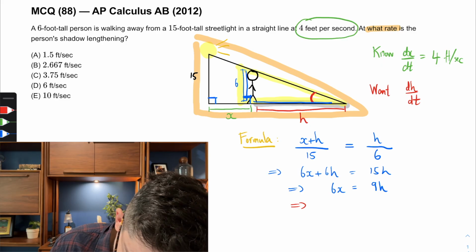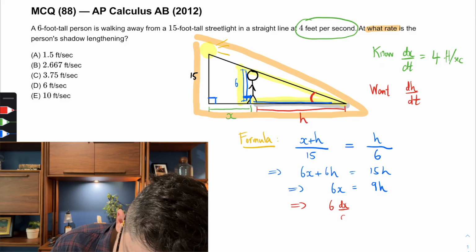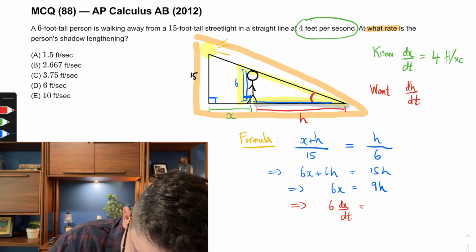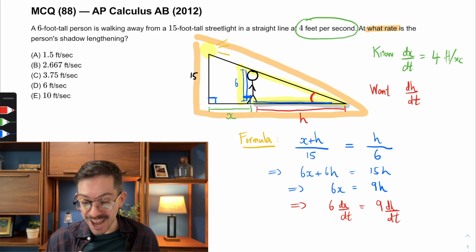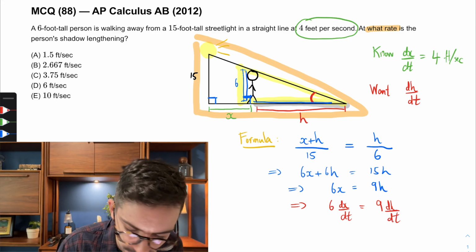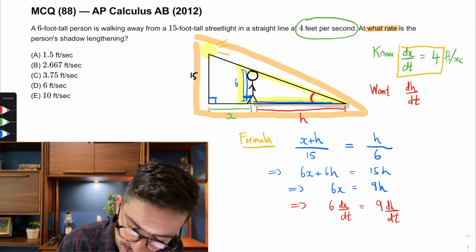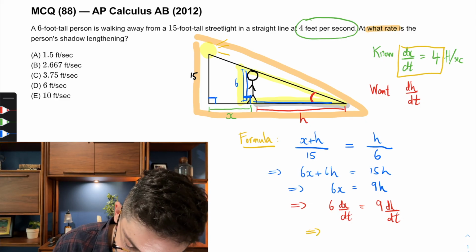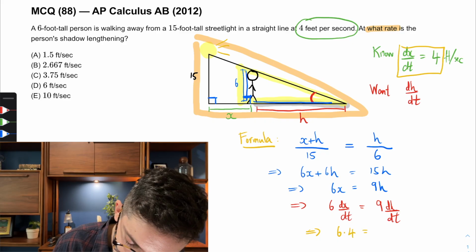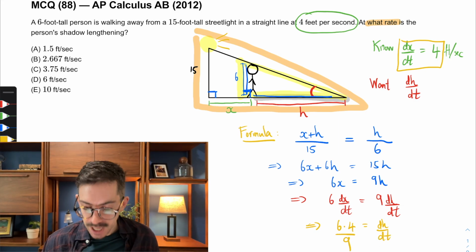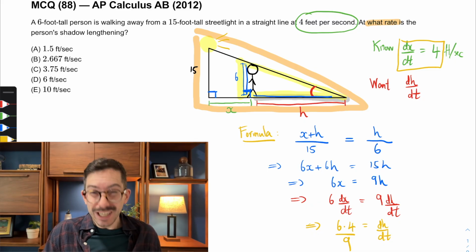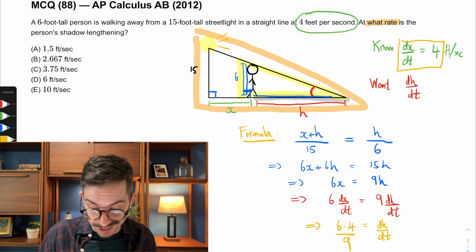So 6x will become 6 dx by dt. 9h will become 9 dh by dt. And now I can just substitute in the fact that I know dx by dt is 4. So I get 6 times 4 equals 9 times dh by dt. But let's just divide that down to get that dh by dt is 24 over 9. We could type this into our calculator. We could just simplify this.